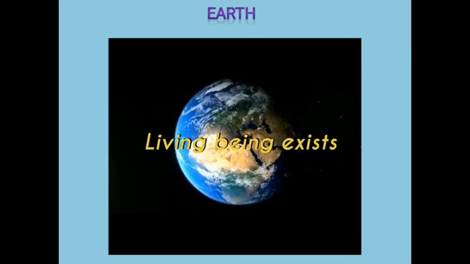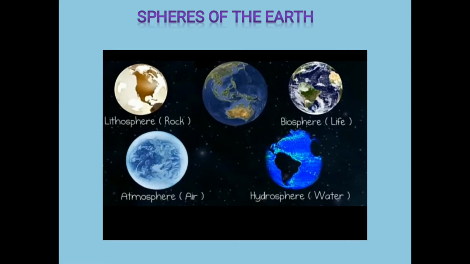Through this activity we come to know that living beings exist in all the three spheres of the earth, that is lithosphere, atmosphere and hydrosphere, which we learnt in standard 5th.